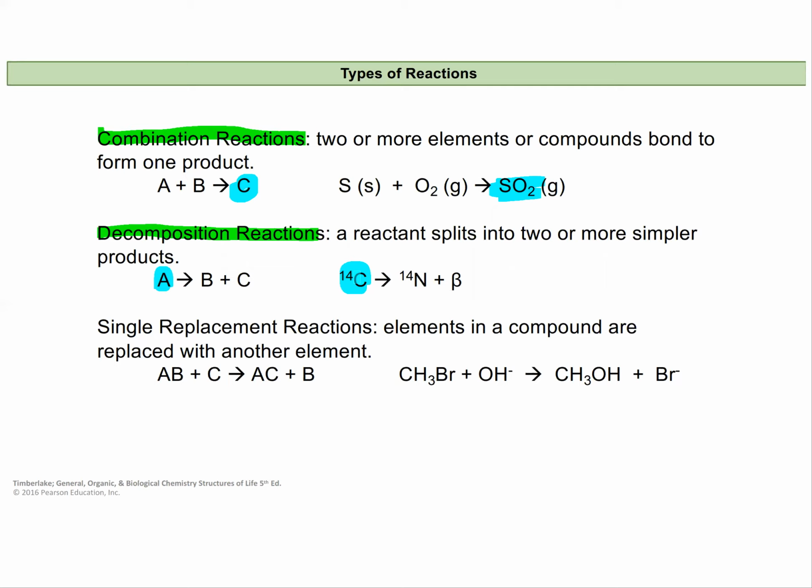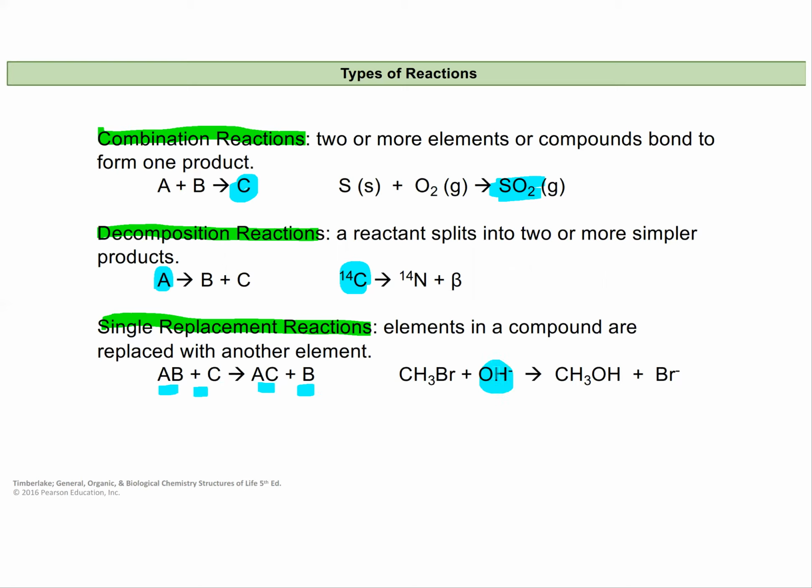We then also have single replacement reactions. And this is where we have the same number of reactants and products. So we're looking at single replacement, 2 on each side. So 2 reactants, 2 products, but we switch out a component of their identity.